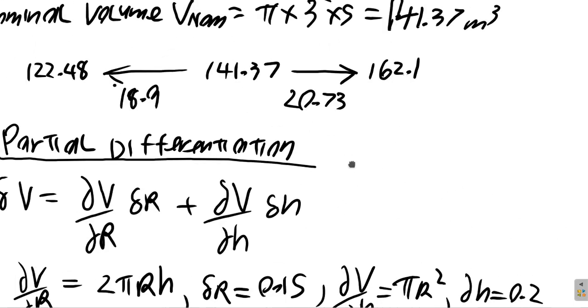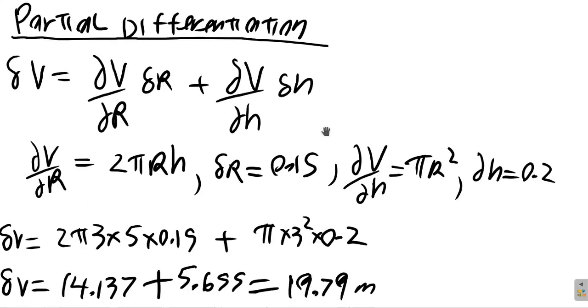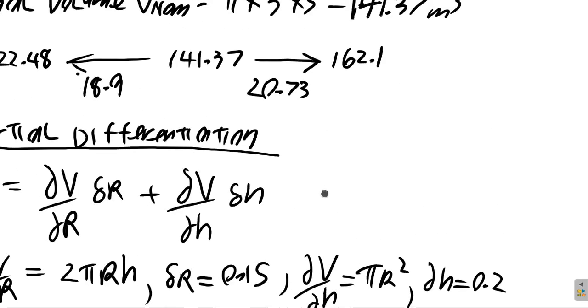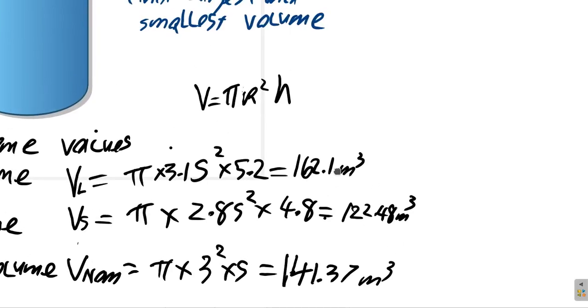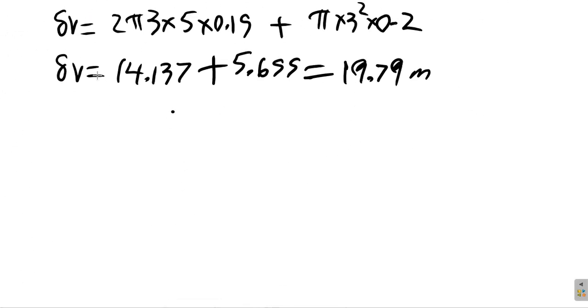Now, up here on one side is 18.9, on the other side is 20.73. Now, what will be the extreme values? Remember, the nominal was 141.37 in the middle. If you add 19.79 to 141.37, you get 161.